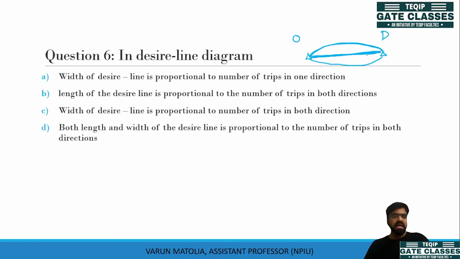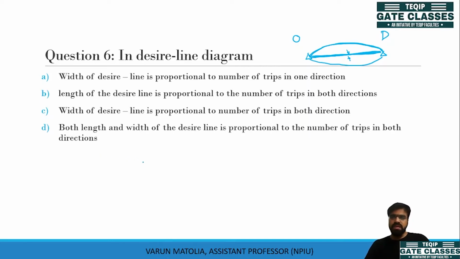The thickness of the desire line is equal to the total number of trips between these two points. Whichever route has the maximum or thickest desire line will have the priority from the commuters. This is the desire line.